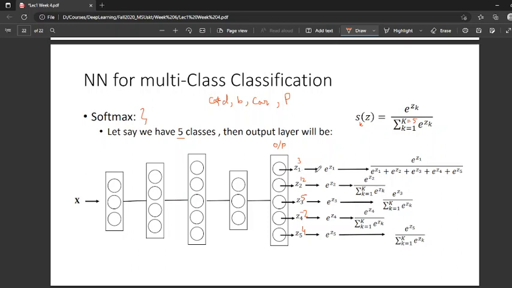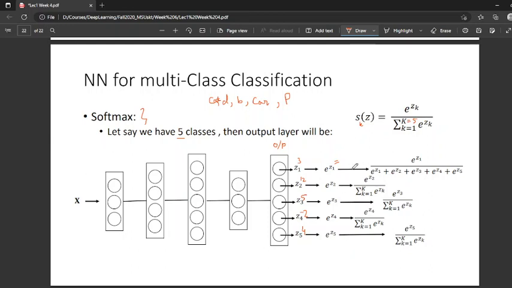Since we use the softmax function, Z1 is converted to e power Z1, which gives some positive value. Here e power 12 will have a much larger positive value. In a similar way, e power -2 will have a fractional value between 0 and 1, and then we have e power 4. So we will have different values here.